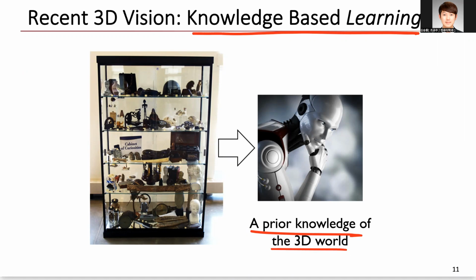So in modern 3D computer vision, we want to find the mapping function from the images to the 3D world, and then we can find out the 3D world at testing time by using this mapping function. This is knowledge-based learning, or learning-based 3D computer vision.